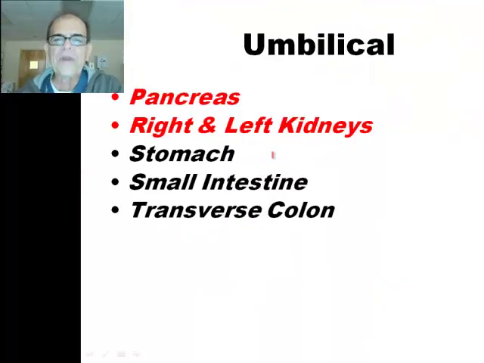Umbilical, not a good region to scan. There is a lot of gas there, a lot of bowel. In general, we prefer scanning from the lateral areas, looking at the center, not from the center looking at the lateral areas. But in the umbilical area there is an area of the pancreas, and also a little portion of the right and the left kidney, even though we do not scan kidneys from the umbilical region.